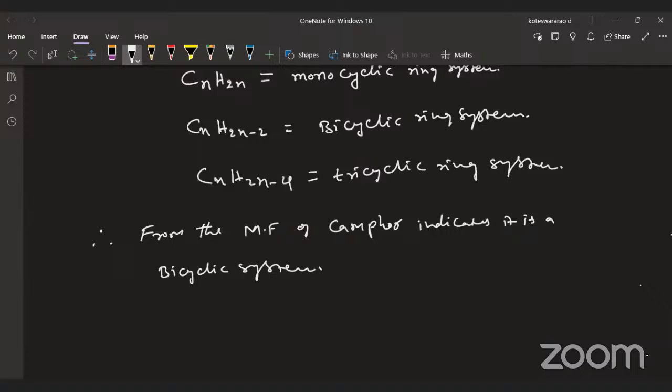Bicyclic. Now coming to the nature of ring, the fifth point: the nature of rings in camphor.